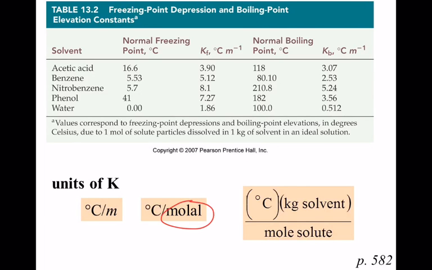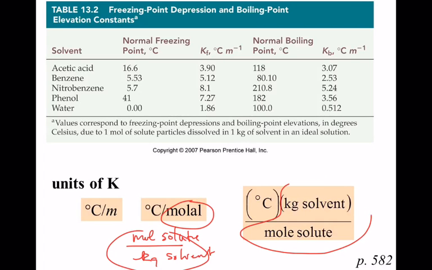We talked about molality in this unit of material in Chem 2, and we said that molal is moles of solute per kilogram of solvent, right? That's what molal is. Since it's in the denominator, we could take that ratio and flip it up. So actually, this right here is the inverse of molality. So that can be helpful.